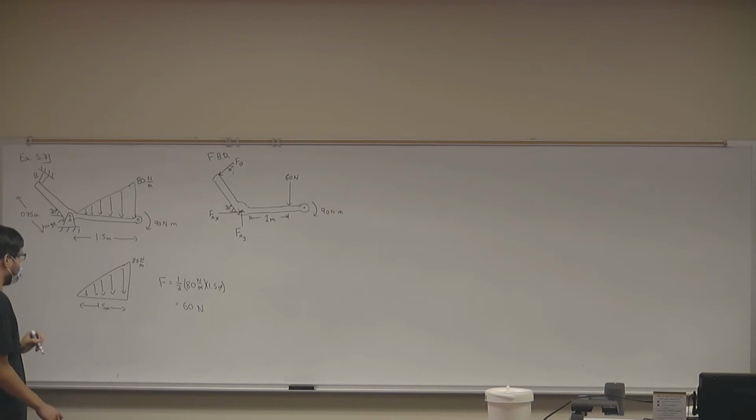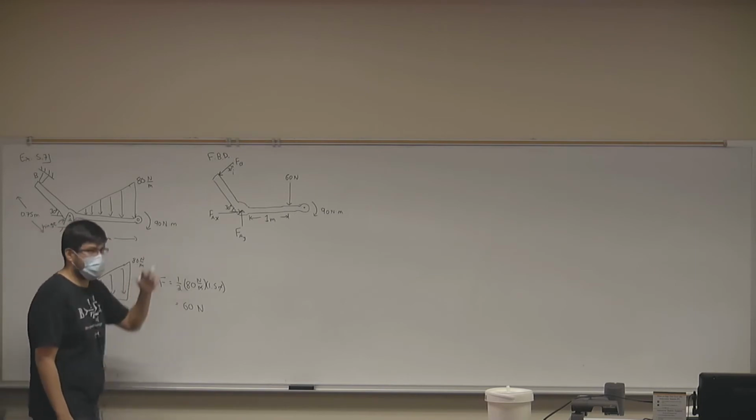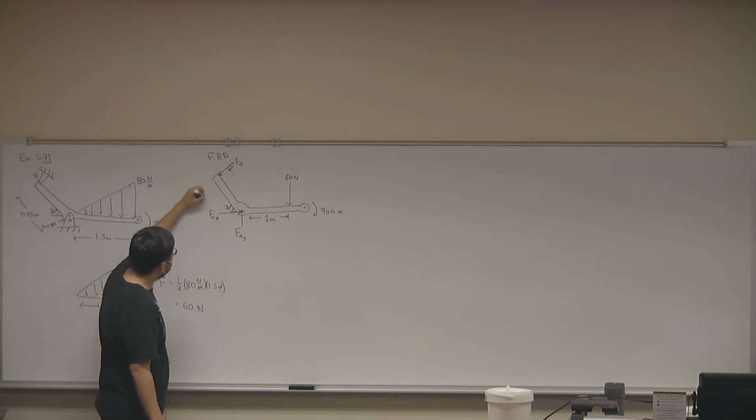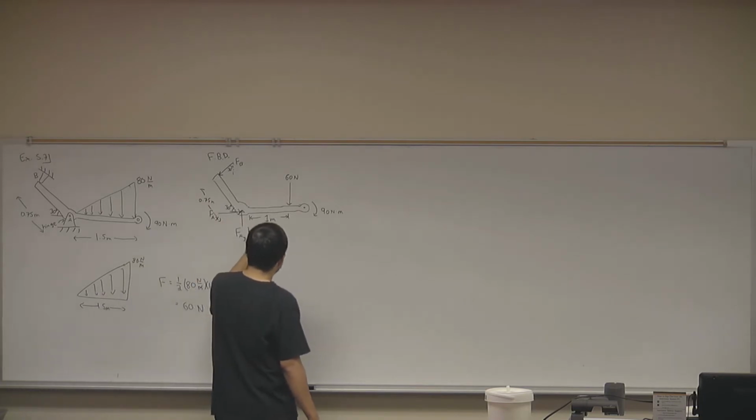Good, good, good. Before we start actually solving this problem, I'm missing something. The 0.75 meters. There we go. And we probably need the distance to the end of the other place, which is half a meter.